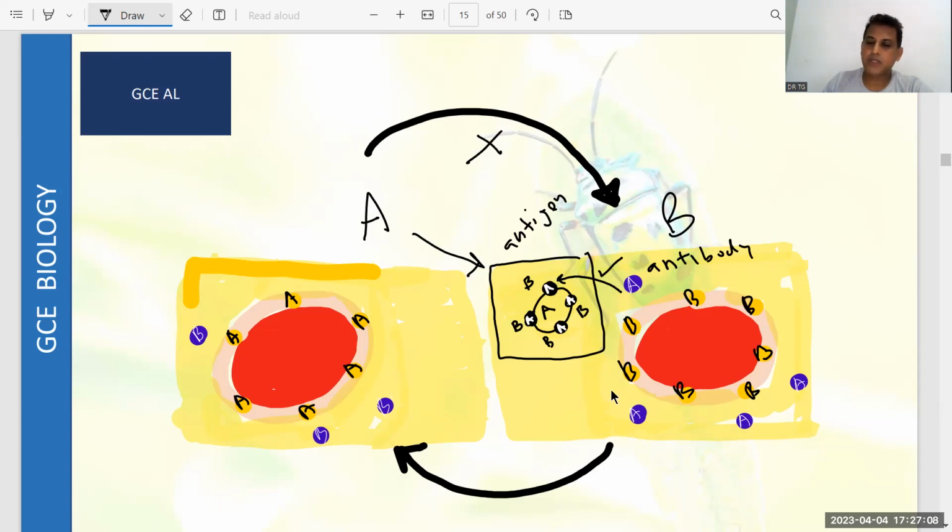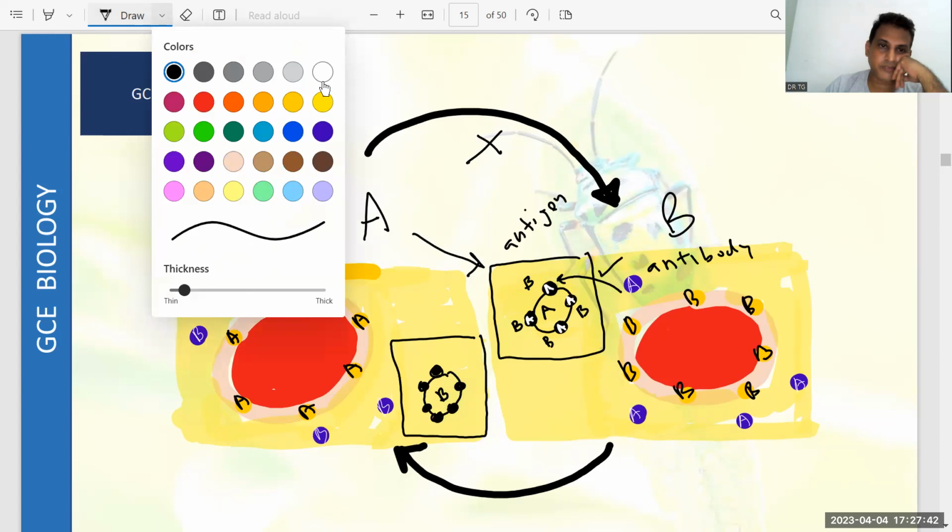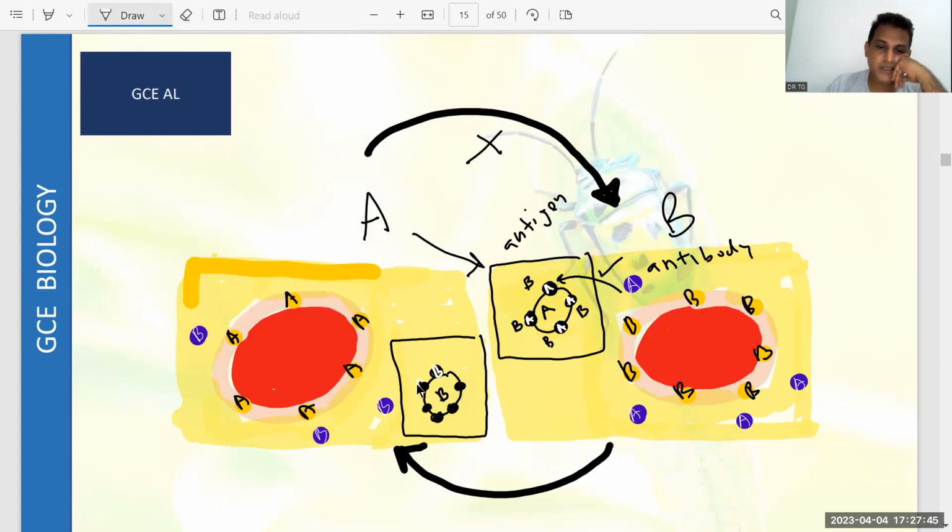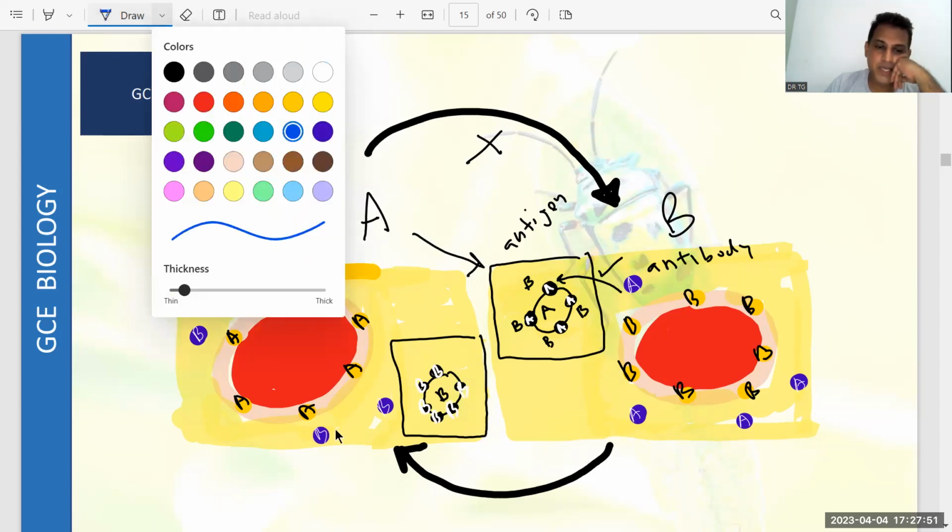So this combination is not possible. Now the same thing happens if you go from B to A. If it goes from B to A, this is the B red blood cell, and B has B antigen and A has B antibody.